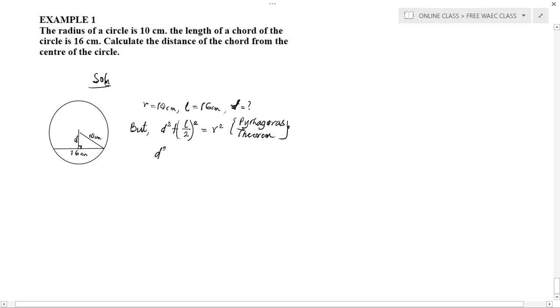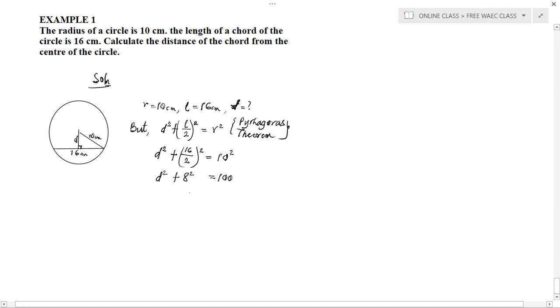So we have D squared plus (16 over 2) squared equals 10 squared. So D squared plus 8 squared equals 100.